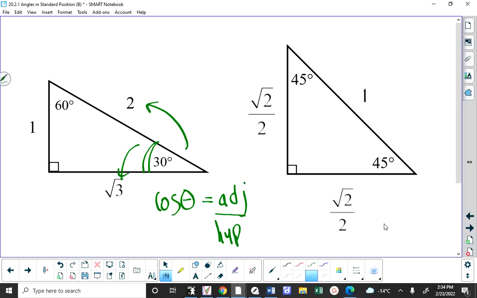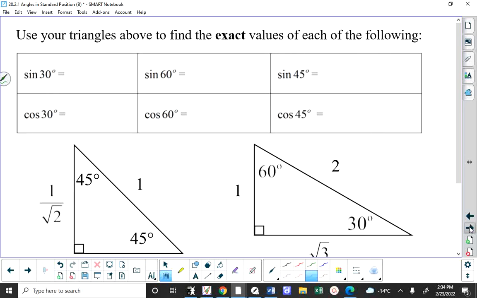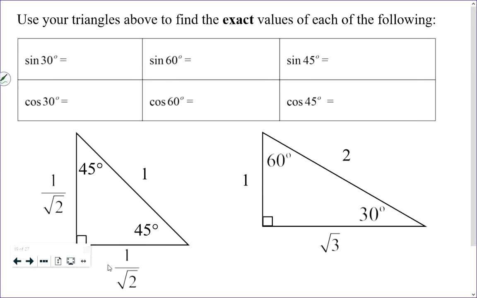So what we're going to do is complete this chart. What is the sine of 30 degrees? I'm going to remind everybody, first of all. Oh, look at that. You see what I've done with the triangle on the left? I've flipped back to 1 over root 2. You can go root 2 over 2 or 1 over root 2.